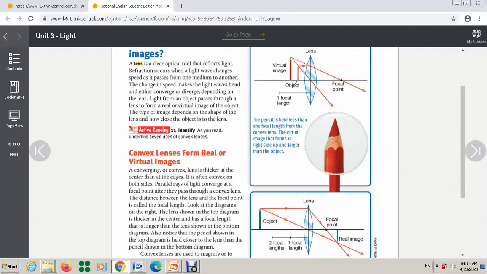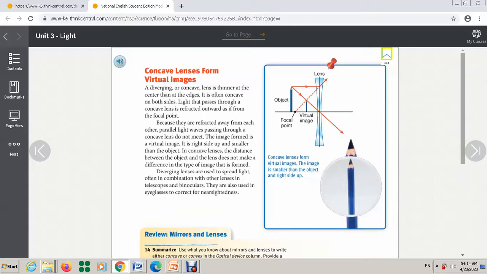The last one, it's talking about what? Concave lens. Concave lens has only one case. Wherever you put the object, it will make the same property for the image. For this one here, let's talk about the main thing for the concave. It's diverging.